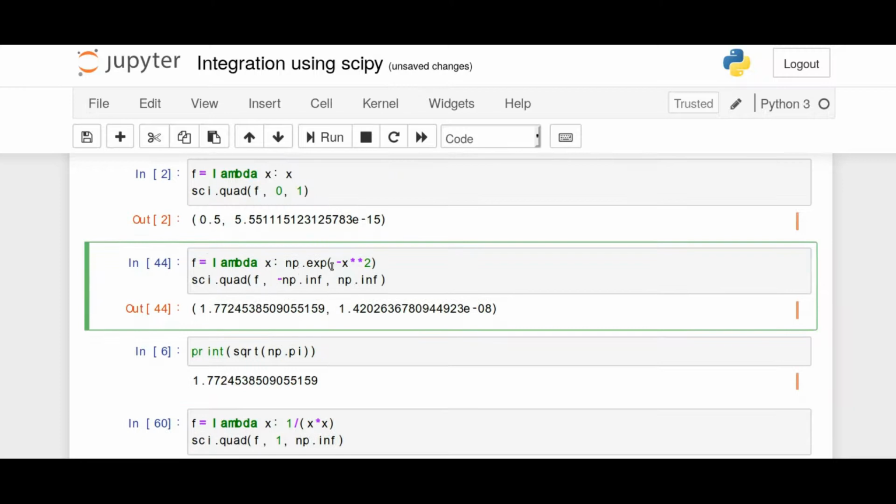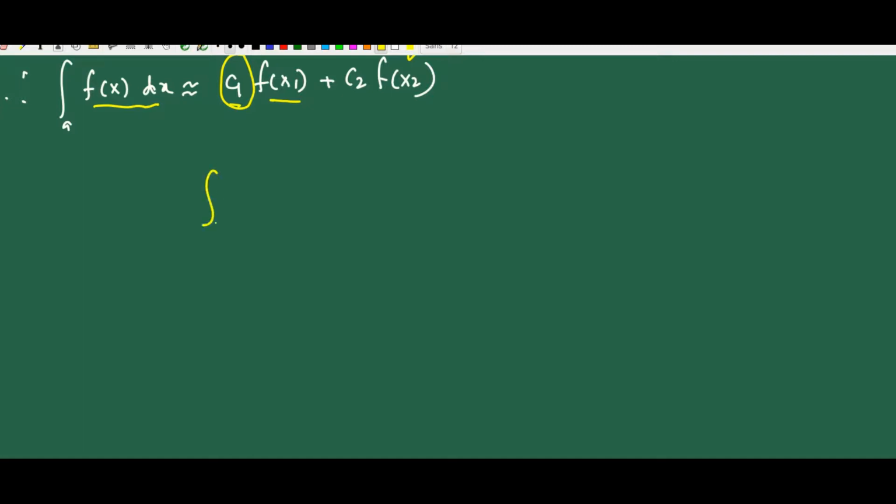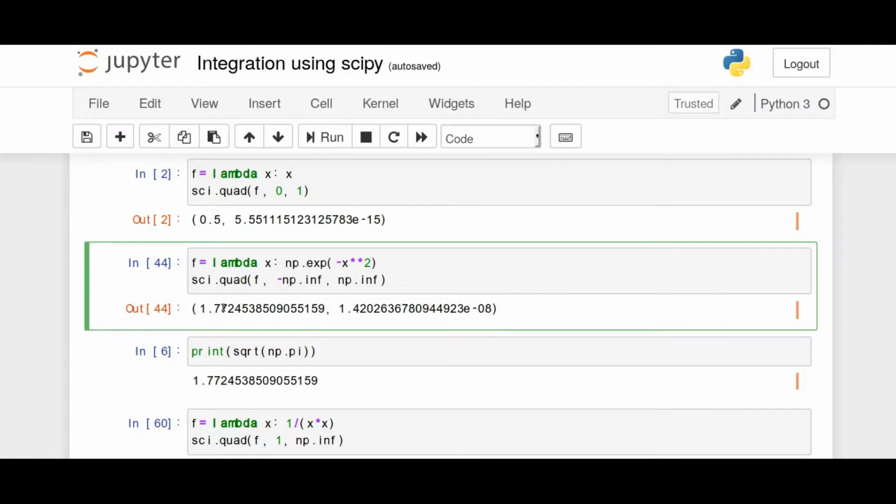In order to integrate, there is a famous function, exponential of minus x squared, and you know the result is the square root of pi, if we integrate from minus infinity to plus infinity. That I check with the scipy package: lambda x, np.exp(-x**2), and sci.quad of f.